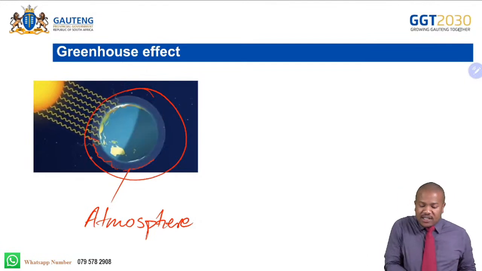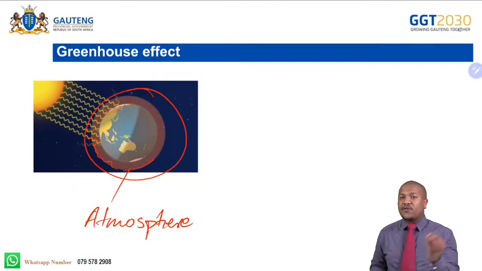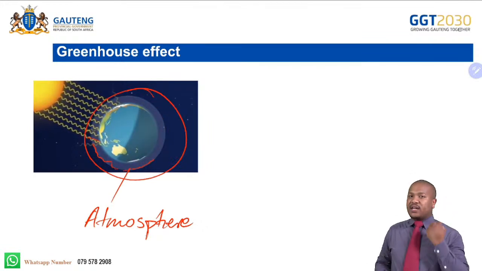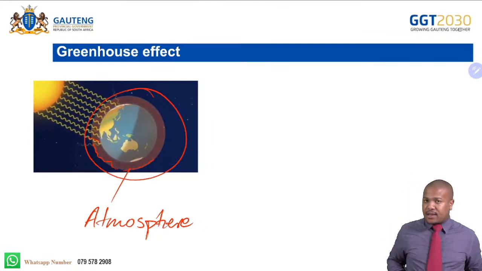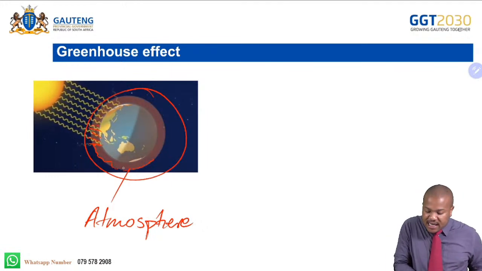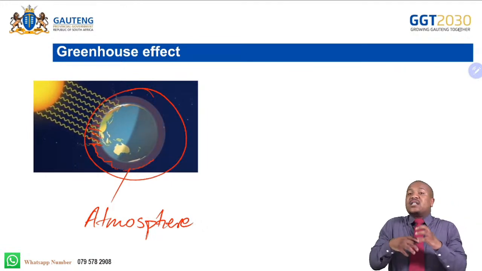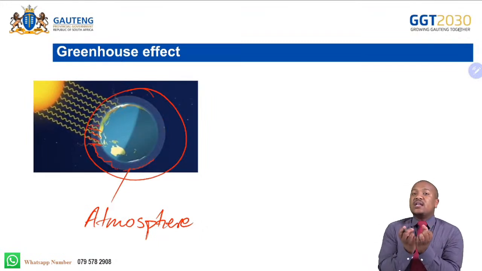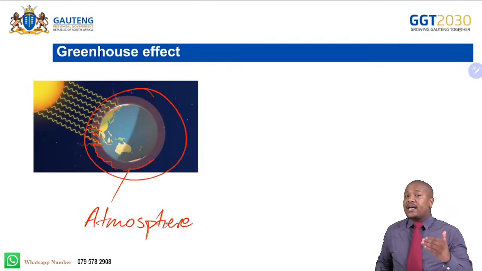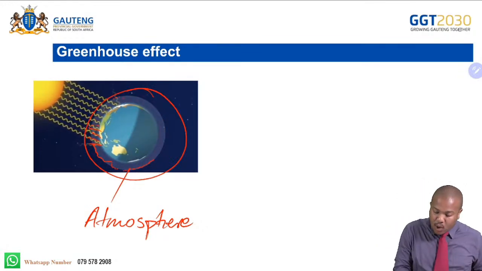It passes through the atmosphere, and the ozone layer is able to trap some of the UV rays from getting to the Earth. Then the warmed earth now gives back the energy to the atmosphere. As you can see, as it turns red here, it means it has sustained the heat, so that it does not become extremely cold than required.